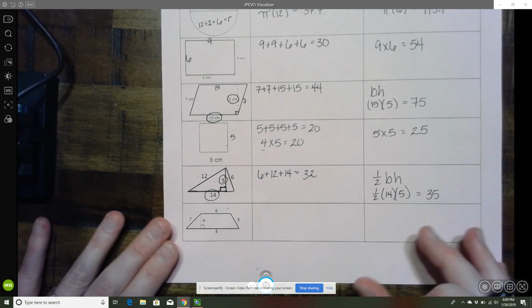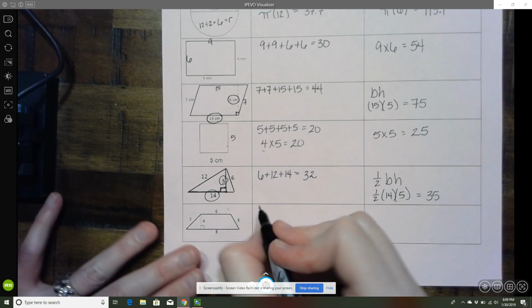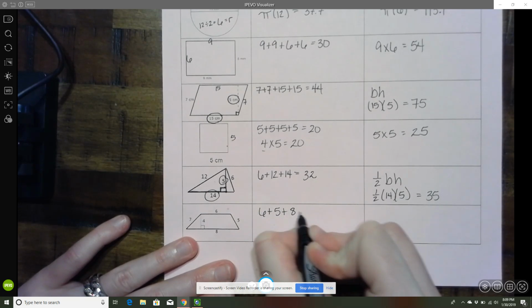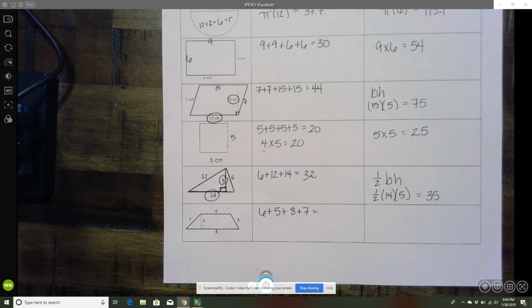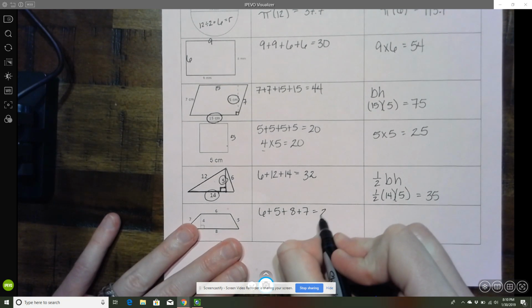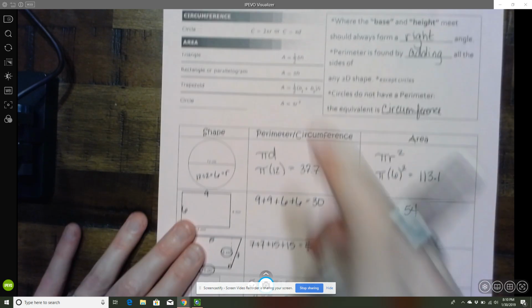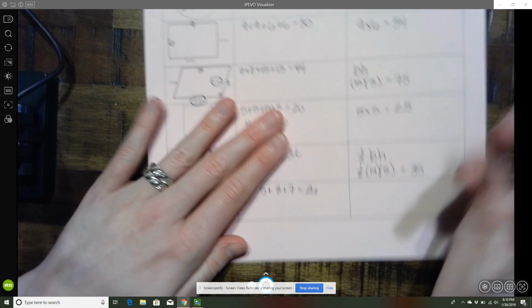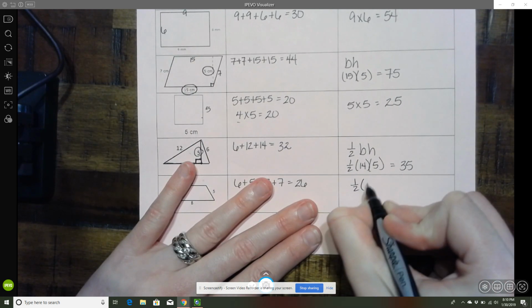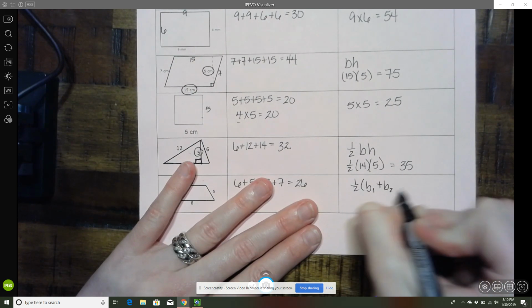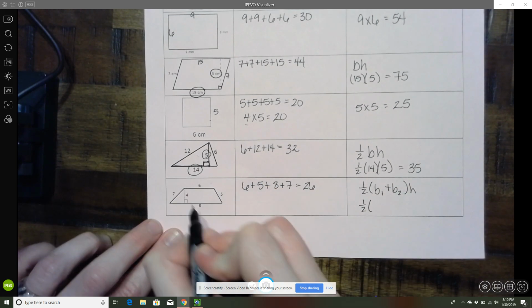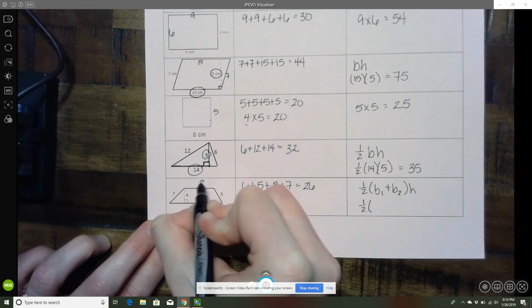And then the last shape that I have down here is a trapezoid. So for the perimeter, we're just going to add up all the sides. And so I'd get 26. But for the area of a trapezoid, we've got this crazy formula. I'm going to rewrite it. So base 1 and base 2, these are going to be my bases.